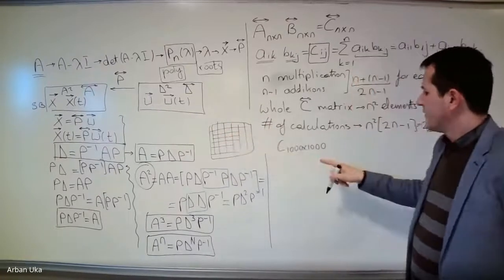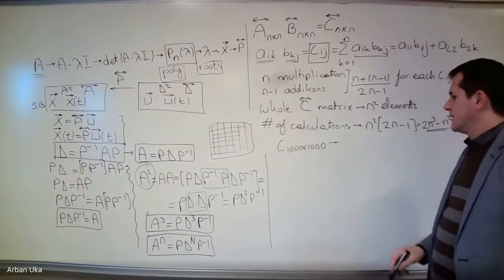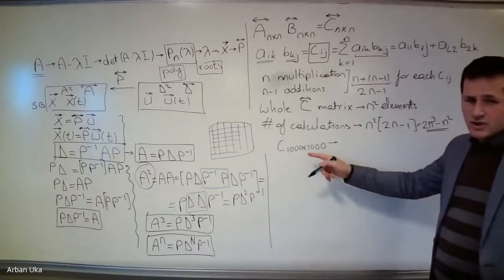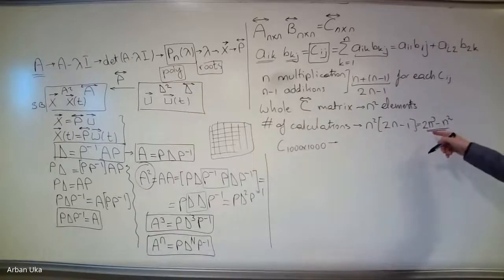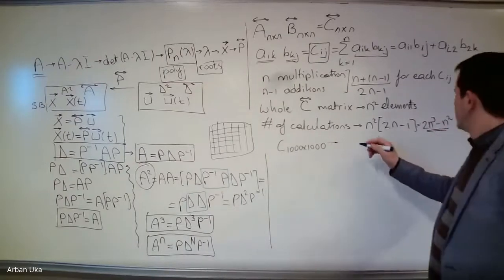So in this case, if you need to multiply all of these, how much time does it take? If we want to multiply two matrices, which can be two images, it takes 2n cubed minus n squared.